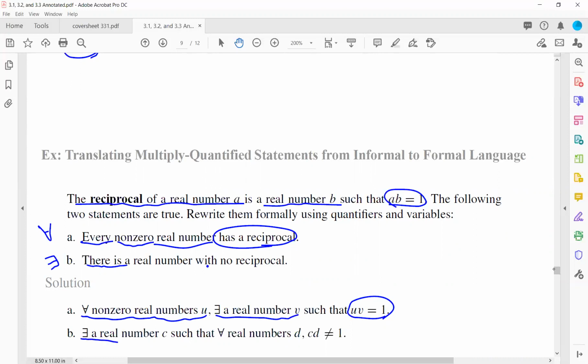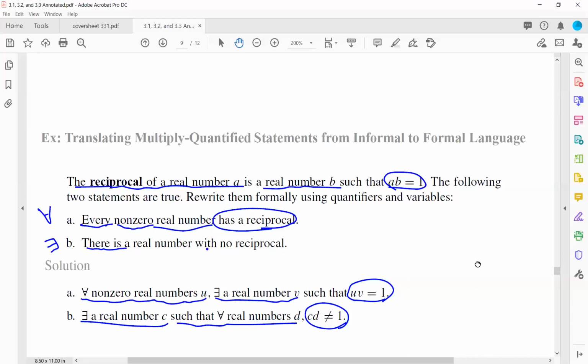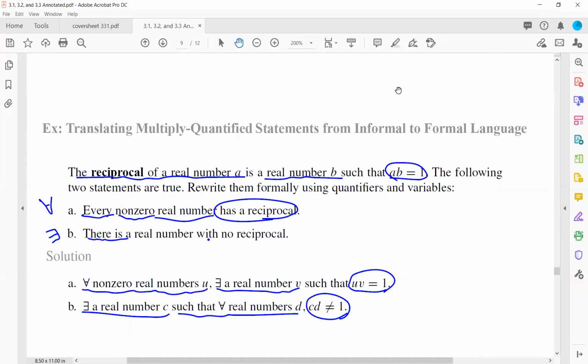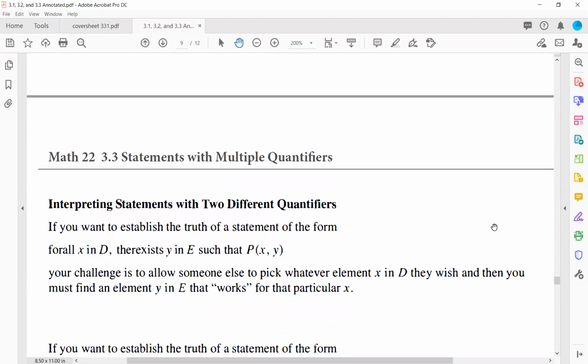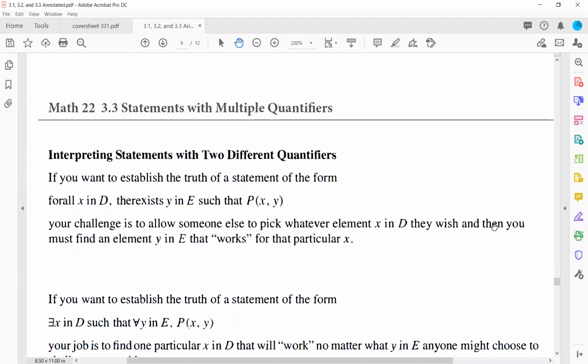There is a real number like C such that for any random real number like D, their product is never 1. Both of these statements are true. Perfect.